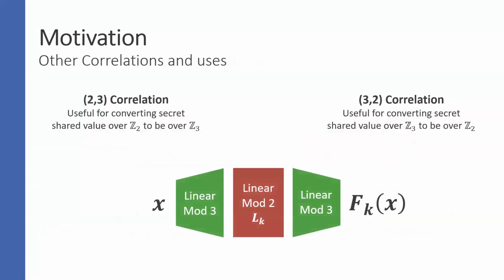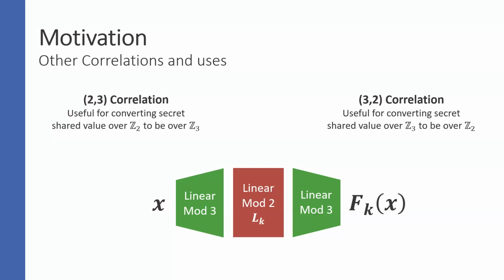There are many correlations that we want to use, but we don't know how to generate them as efficiently as the OT correlation. So we are interested in converting one type of correlation into another, especially when the source correlation can be generated very cheaply, like the OT correlation. I will talk about two correlations, the two-to-three correlation and the three-to-two correlation.